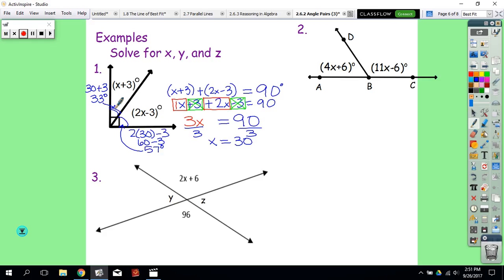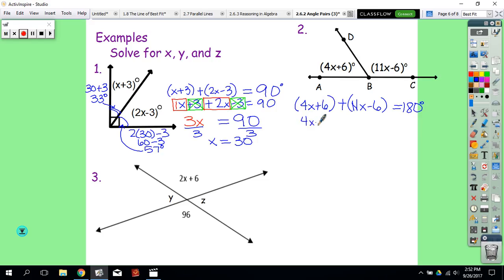Number 2, this one is supplementary. So we know that supplementary adds up to 180, so this one is going to add up to 180 degrees. So we have 4x plus 6 plus 11x minus 6 is equal to 180. And again, we don't really need to write this with the parentheses.